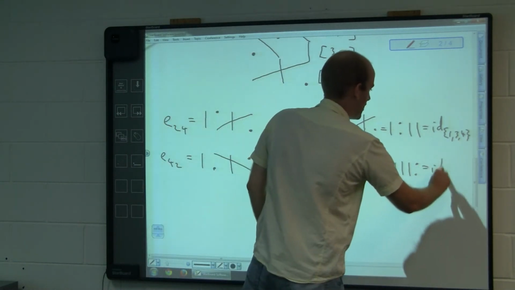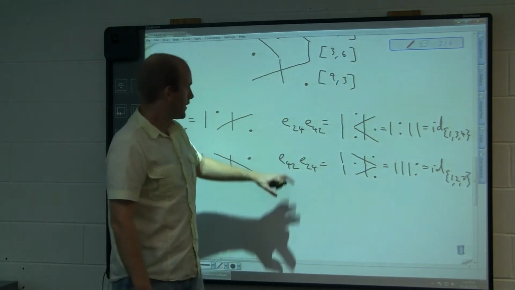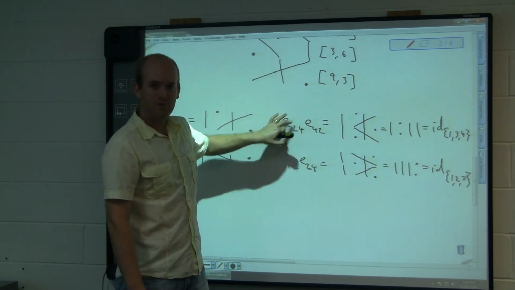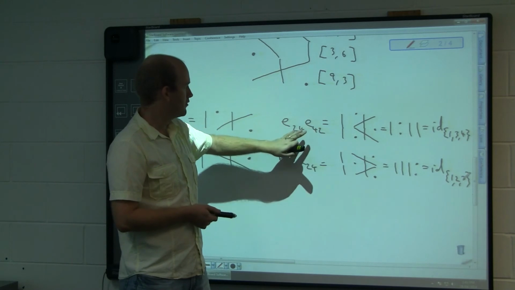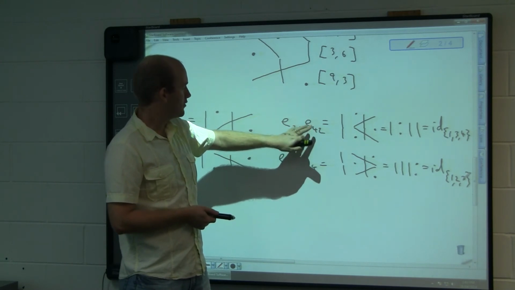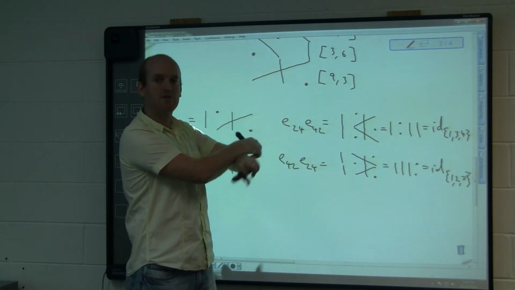So that's the identity map on the subset 1, 2, 3. All right. So not only did the product of an element and its inverse not equal the identity element of the semigroup, but if you take the product of an element with its inverse in different directions, you get different things.